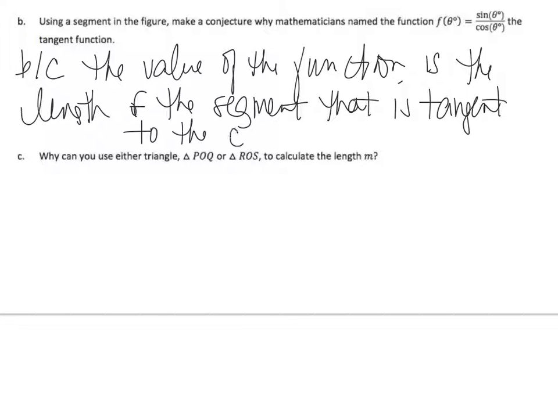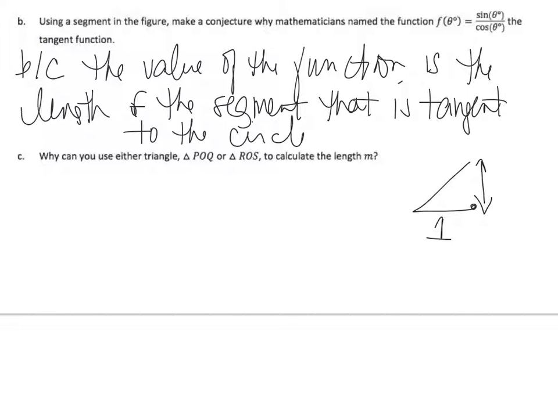Okay, with our unit circle it works because the length here is 1 because it's a unit circle, and the length here is going to be the length of the segment that's tangent to the circle, right?